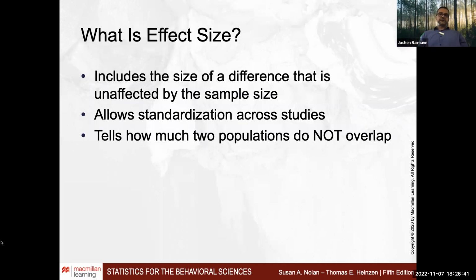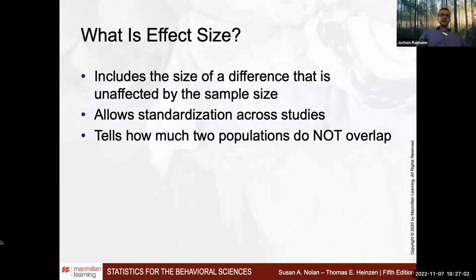Because with effect size, you're basically paying attention to the fact that large sample sizes may result in significant effects. So it basically means to take this effect of the sample size out and puts the weight back on the difference rather than the sample size.